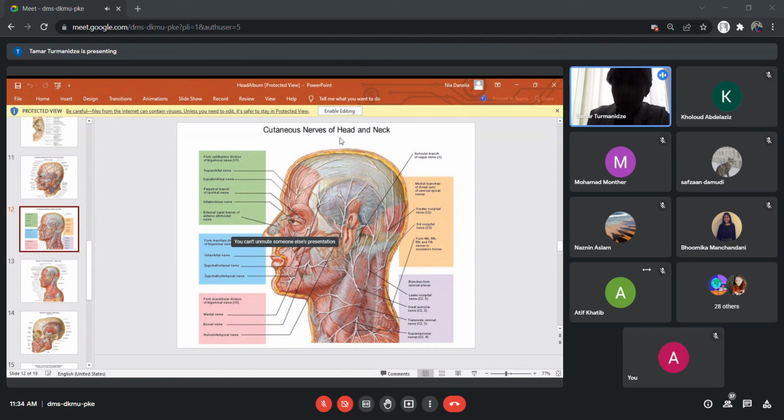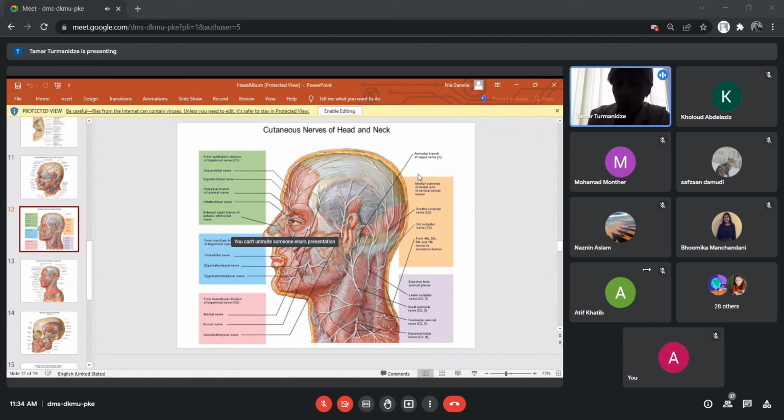The temporal and parietal parts are supplied by the auriculotemporal nerve and the zygomatico-temporal nerve. The auriculotemporal is a branch of the mandibular division of the trigeminal nerve. The zygomatico-temporal is from the maxillary division of the trigeminal nerve.